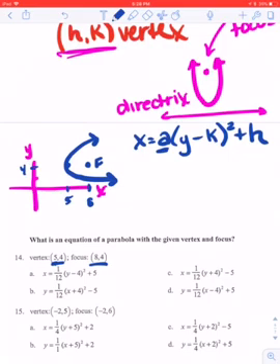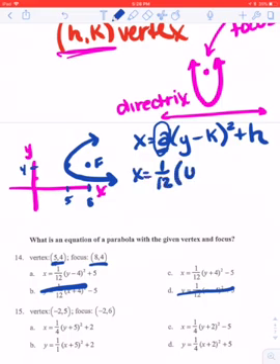So let's look at our choices down here. First of all, it's got to be x equals, so neither one of those are going to work. I know this number in front has got to be positive, so if I look at the 2 choices for a and b, they both have positive 1 over 12, so we're okay there. Just going to set up this little outline here. So the other part that I need to know is that I have to use my vertex point here.